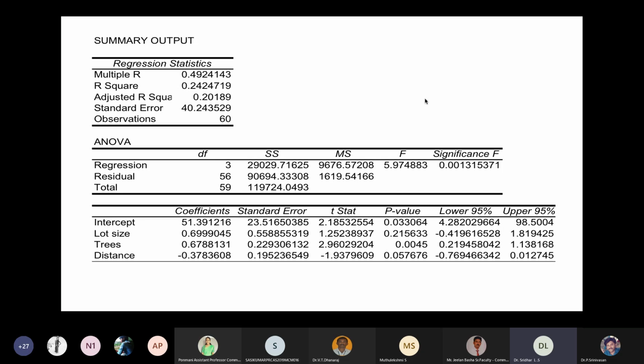And the F value also, you can see that the F value in the ANOVA tells what the significance level is. Here it is 5.97. In another model, you can add a few more variables and see that the F values are increasing. Similarly, R square is increasing. Then you can choose which model is the right one. So it is an exercise for you. You have to add one more variable. You have to identify one more variable.